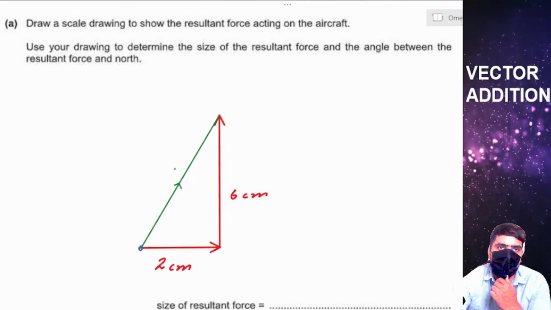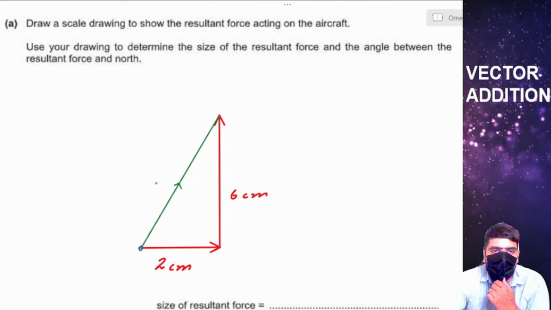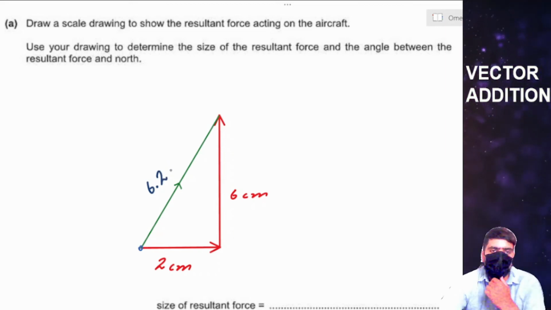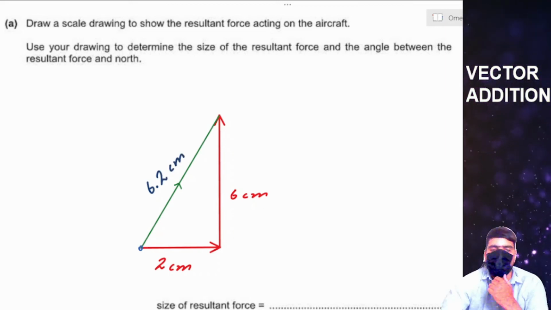Yeah, I didn't use the calculator, I used a ruler, and the length of the line was 6.2 centimeters.